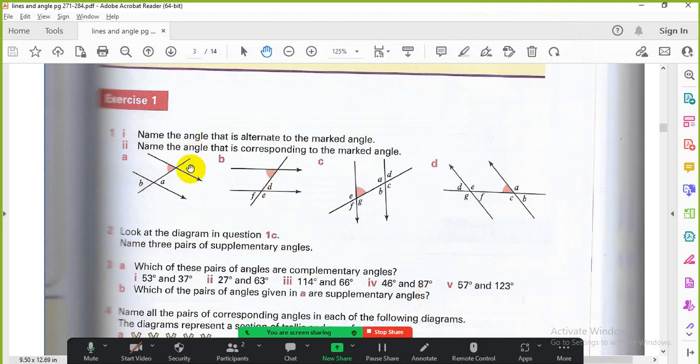Okay, Isa, now can you do this exercise, exercise 1, Roman number 1 and 2?